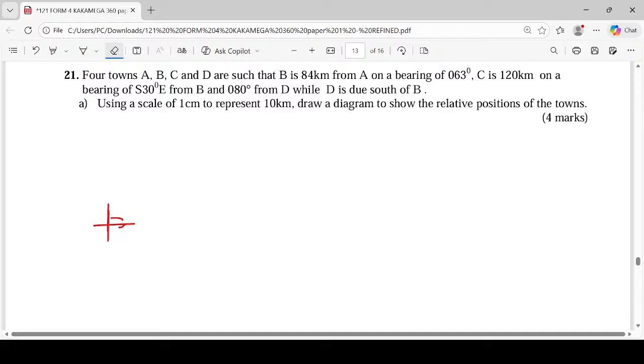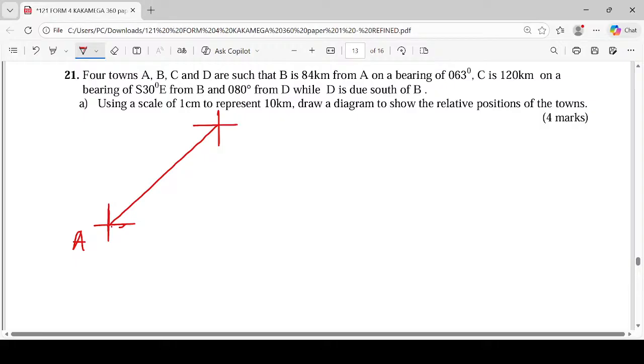On a bearing of 63 degrees from the North in the clockwise direction, we are going to have B.